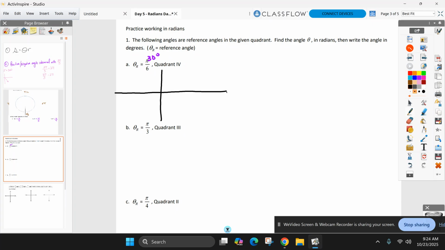In quadrant 4, can you draw a 30-degree reference angle? Remember the reference angle, it's got to be on what axis? The x-axis and the terminal side. So that angle right there is 30 degrees, pi over 6.